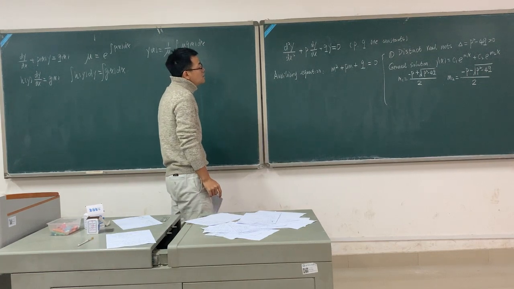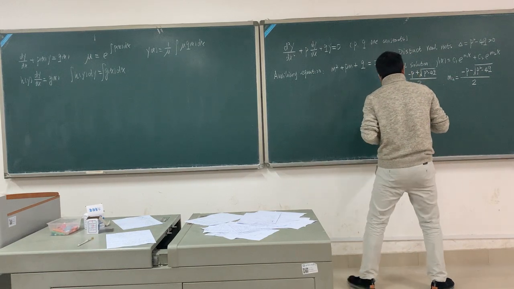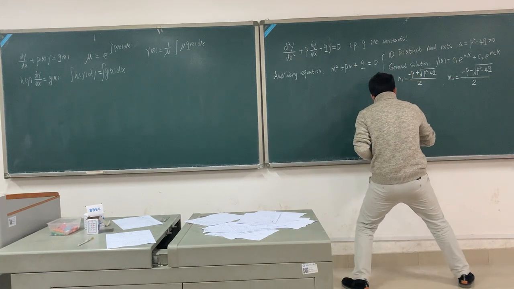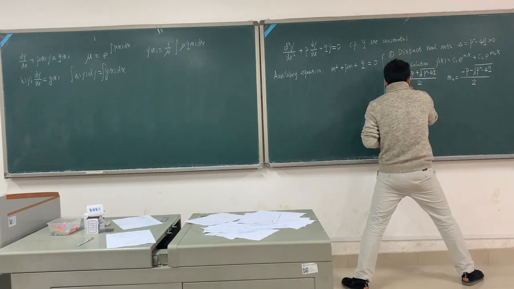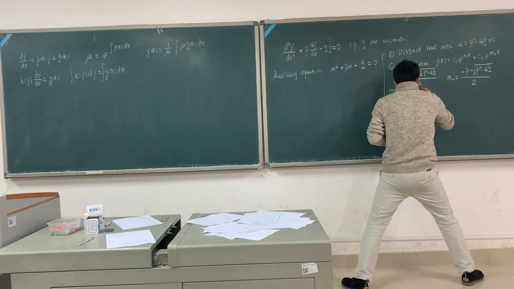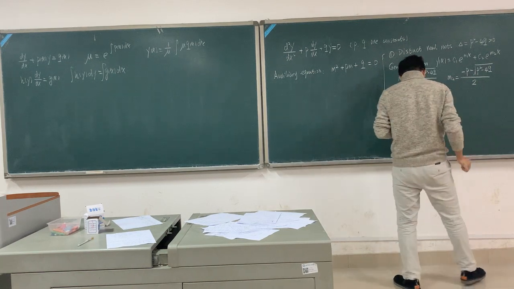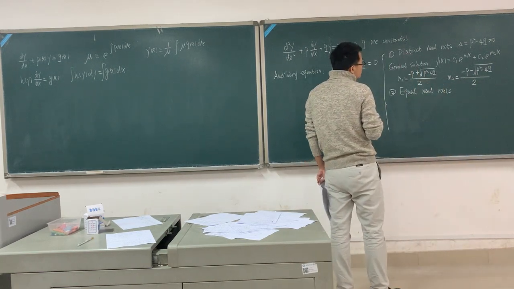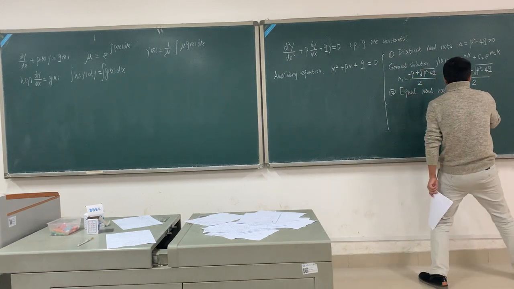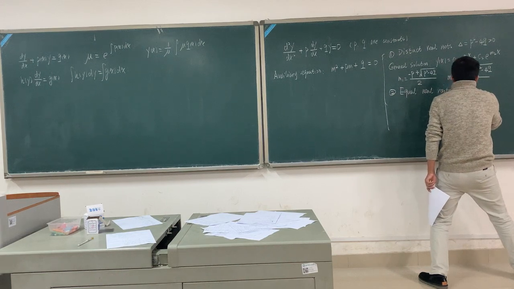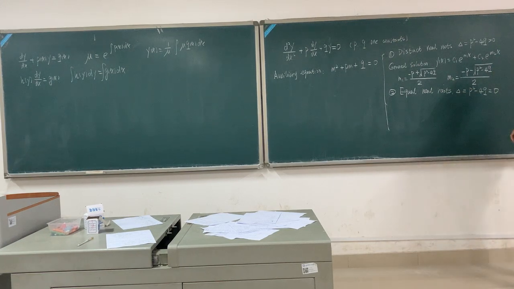Now the second case is we have equal real roots. For this case, delta equal to 0, so delta equal to p squared minus 4q equal to 0.